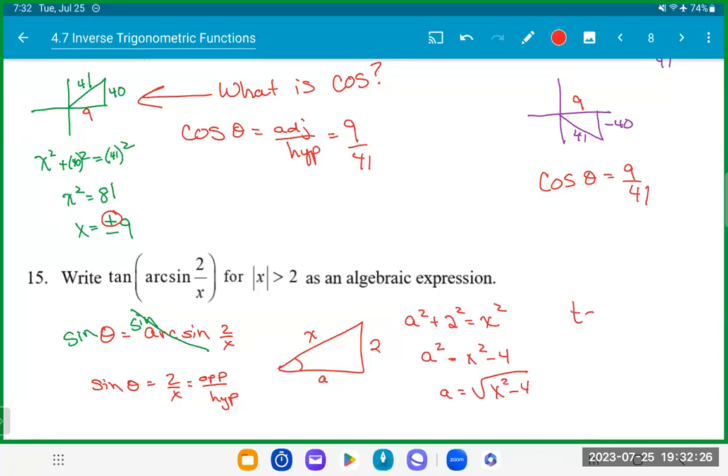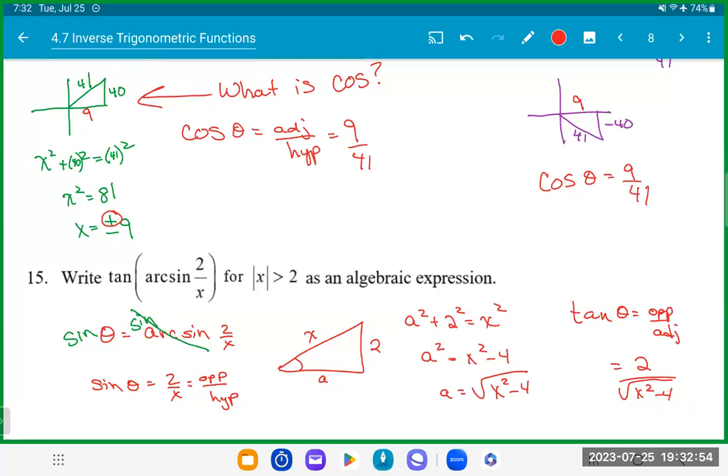So we would say here that our tangent of theta is our opposite over our adjacent. Our opposite side is 2. Our adjacent side is the square root of x squared minus 4.